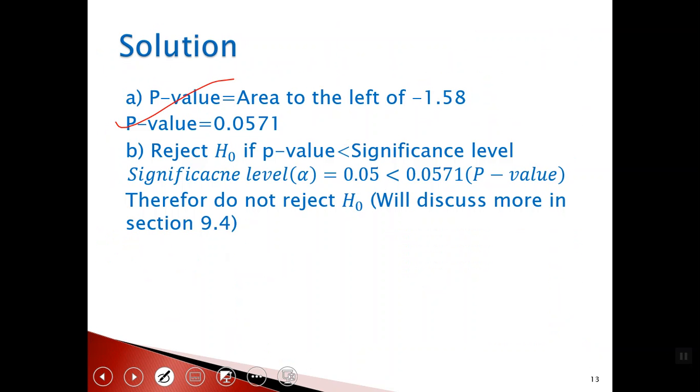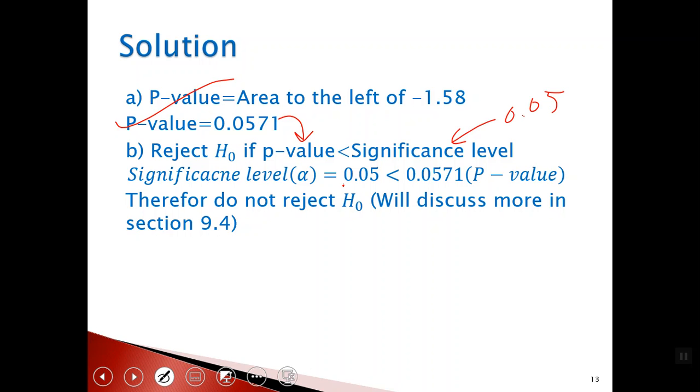Now you have to compare the p-value with your alpha value. You know your p-value is 0.057. What is your significance level, alpha? It is 0.05, as they have mentioned there.